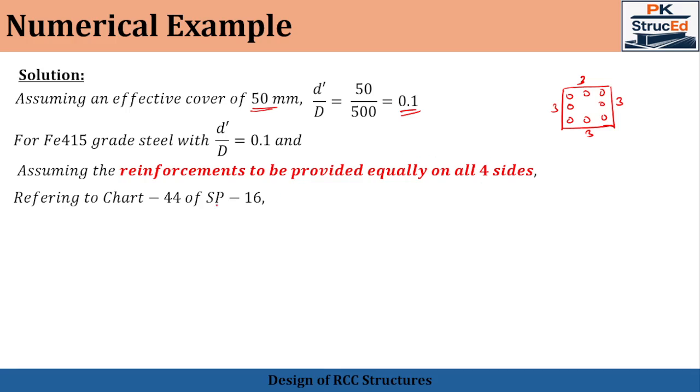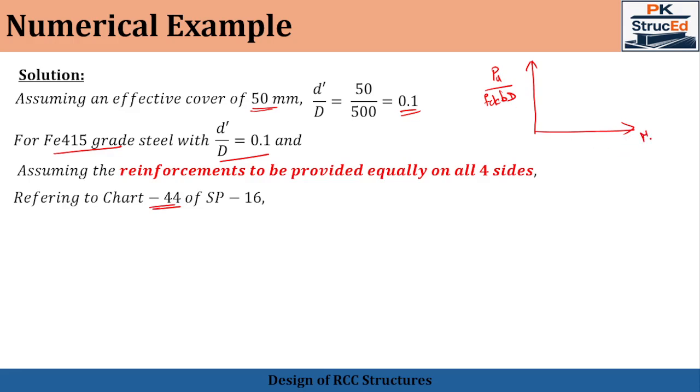Going on with SP16, under chart number 44, which is provided for Fe415 grade steel with a d dash by D ratio of 0.1, and with the condition that reinforcement is provided equally on all four sides, we have a chart which has the y-axis as Pu by fck bD and the x-axis as Mu by fck bD squared. A series of curves is available.